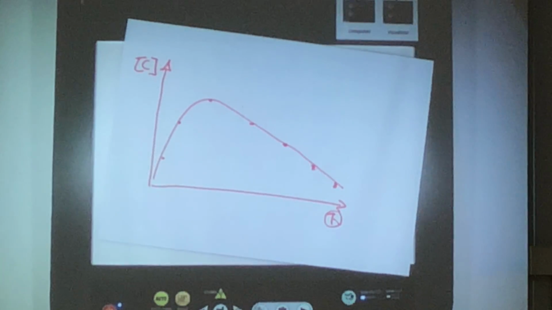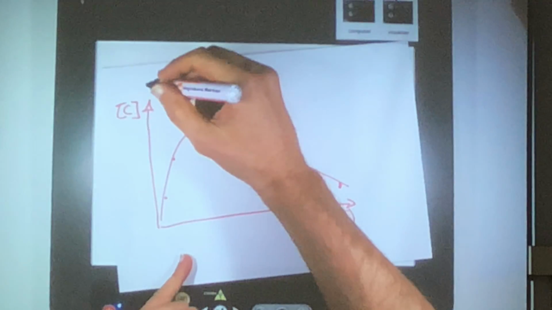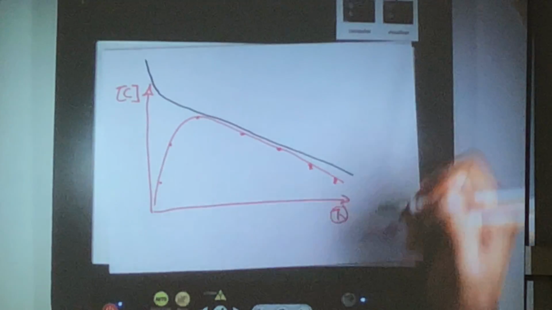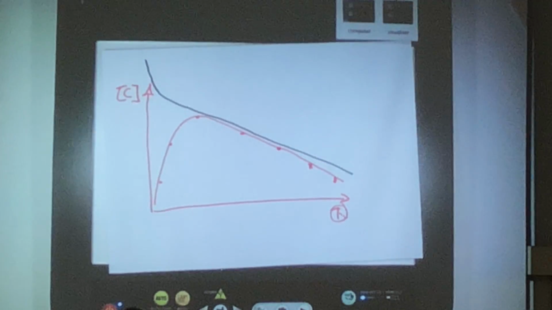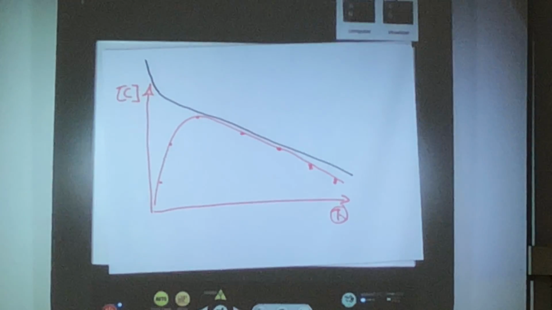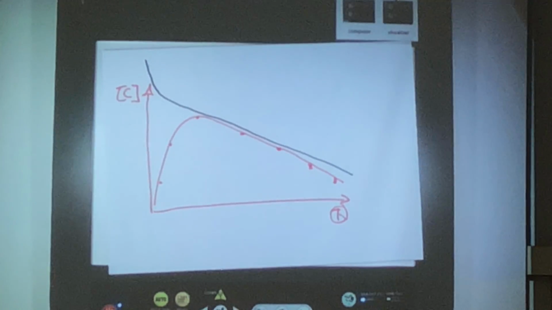This is pretty good if we do it after intravenous administration. Why after intravenous administration? Because intravenous administration has no absorption phase, right? At time 0, you inject all the drug into the bloodstream.